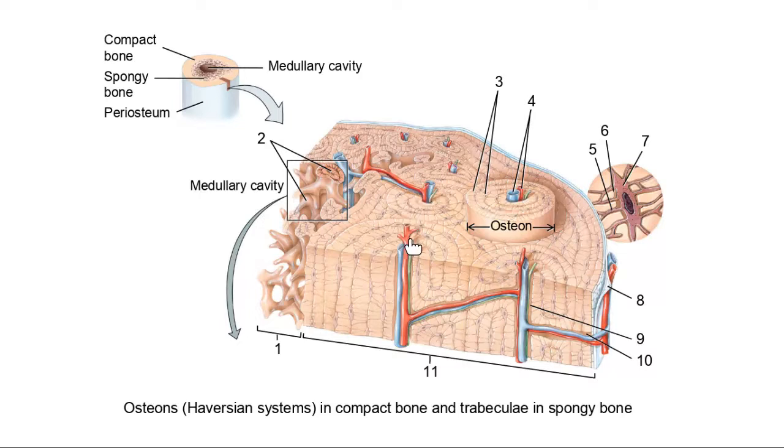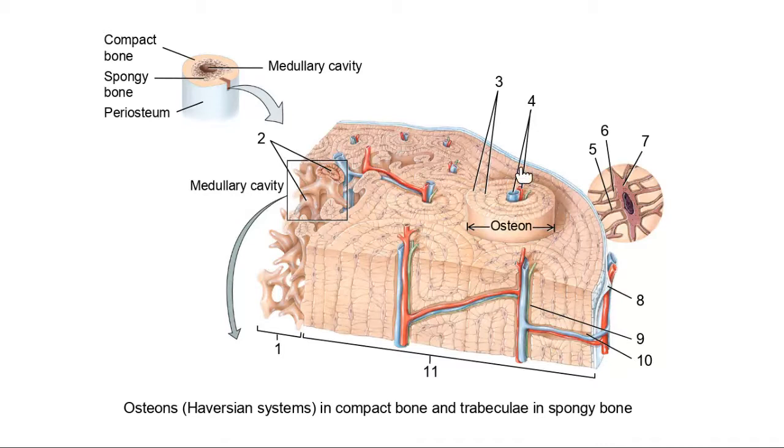Between our osteons, we can see interstitial lamellae or interstitial system. Around the bone, we have circumferential system, and this is called outer circumferential system. And around the medullary cavity, we have inner circumferential system.